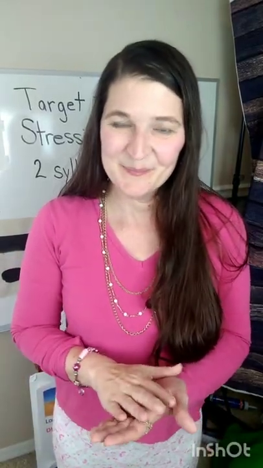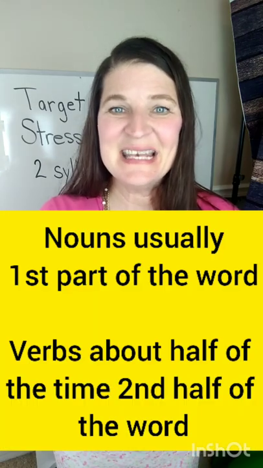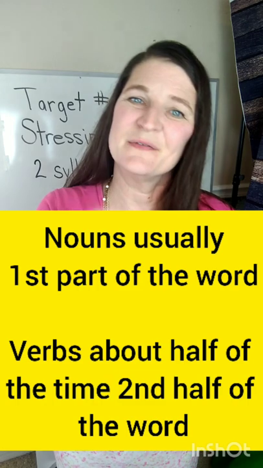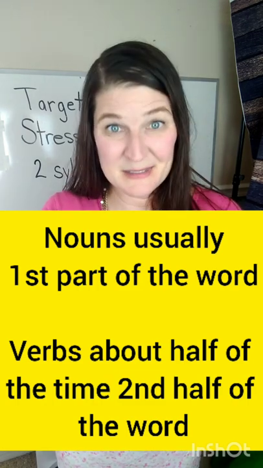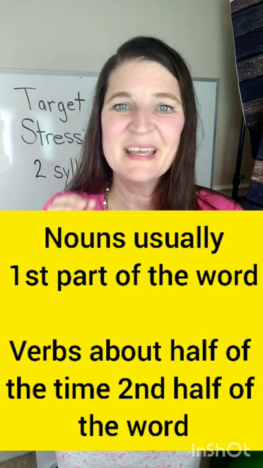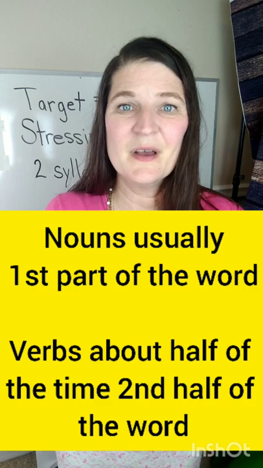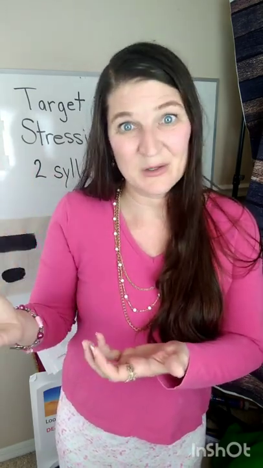Here's a tip. When you're trying to decide which part of the word receives the stress, 90% of all nouns, it's the first part that is stressed. This is in two-syllable words. In verbs, 60% of the time the second half of the word is your stressed syllable.